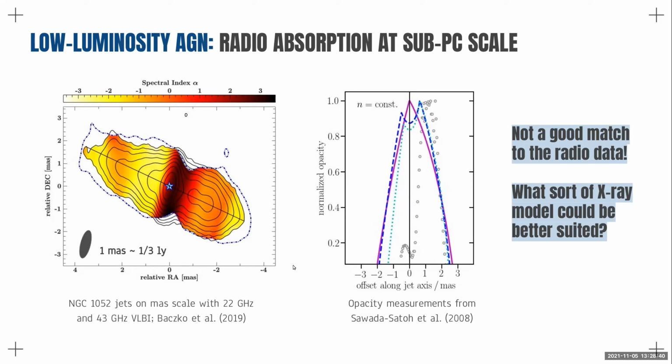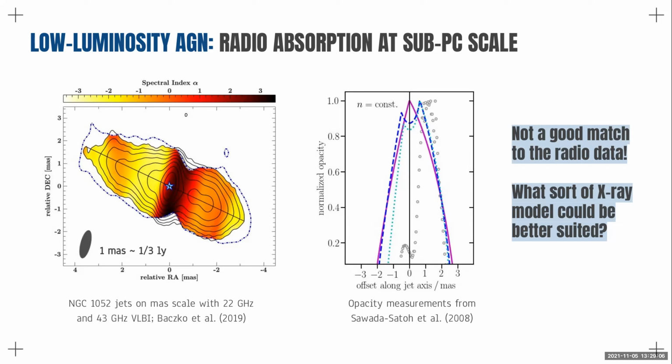So if we take a cross-section along the jet, which is the x-axis of this figure, and convert this to opacity, then these gray points are the measurements of opacity along the jet. And the colored lines are what our X-ray model would correspond to if we scale it to a particular scale. I think it's pretty obvious that they don't match.